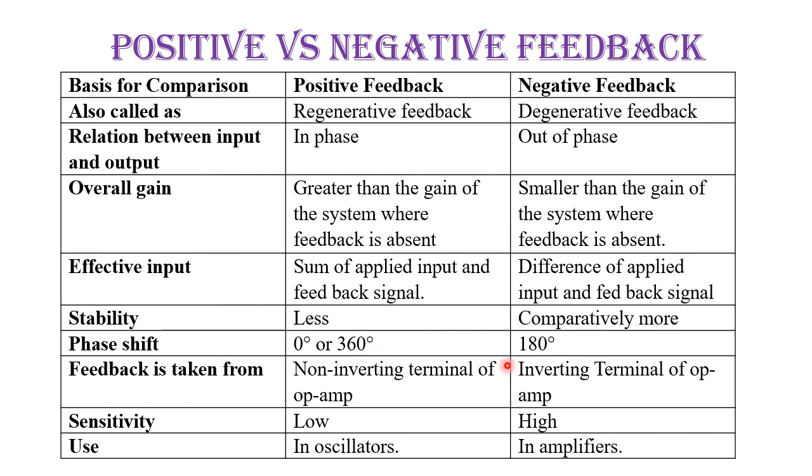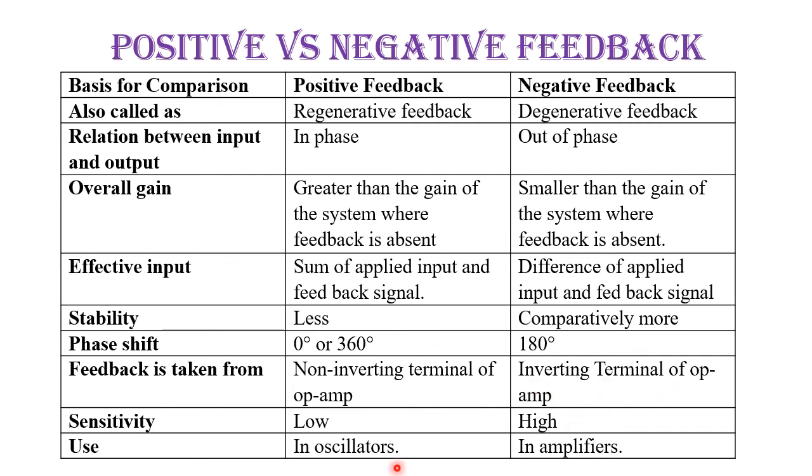Okay, and whereas in negative feedback the phase shift will be 180 degree. Okay, the phase shift of 180 degree can be achieved. Then in positive feedback operational amplifier the feedback is taken from the non-inverting terminal of op-amp, whereas in negative feedback operational amplifier the feedback is taken from the inverting terminal.